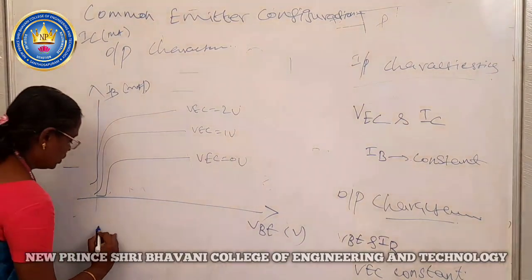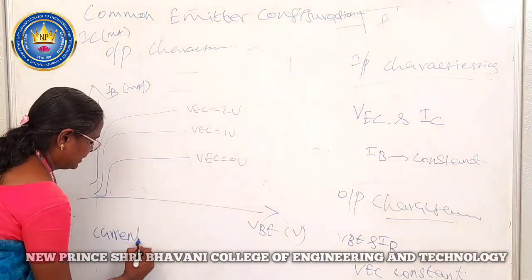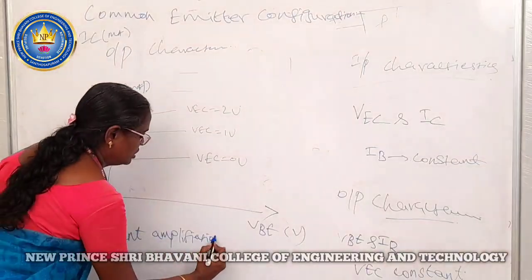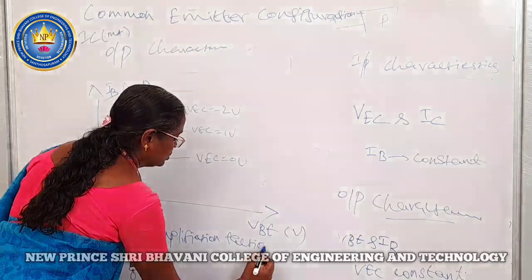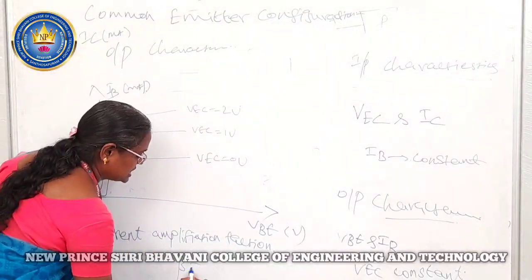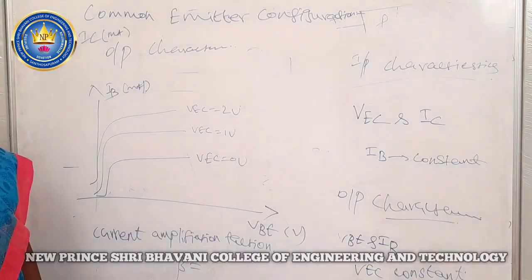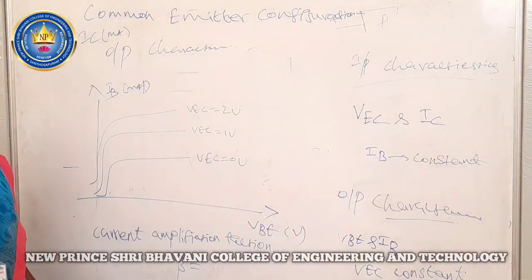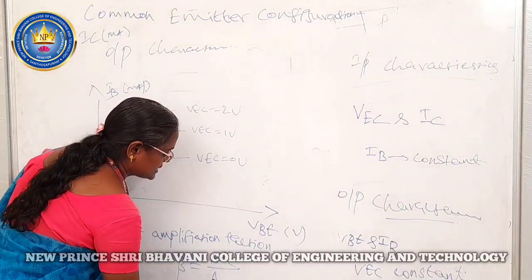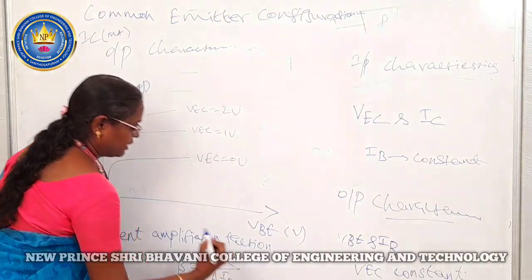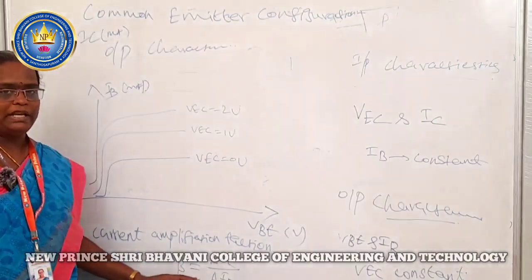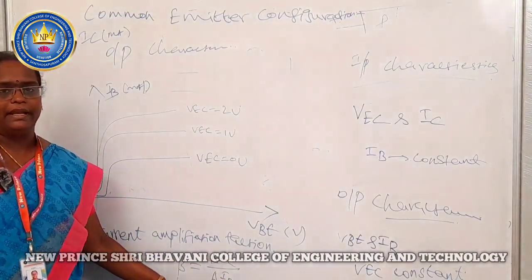And then next, move on to the current amplification factor for common emitter configuration. The current amplification notation for common emitter configuration is beta. This is nothing but the variation of output current by input current. Here the output current is collector current and the input current is base current. Therefore the current amplification factor for common emitter configuration is beta equal to del IC divided by del IB.